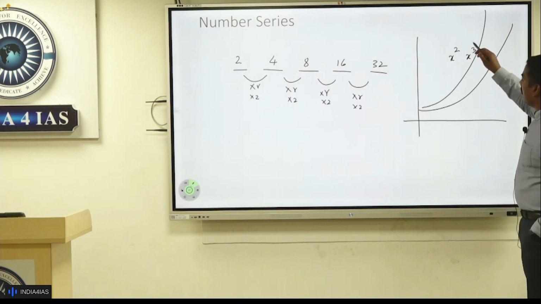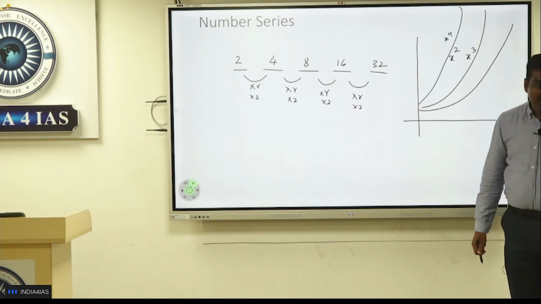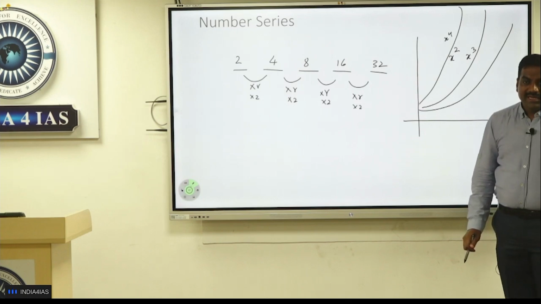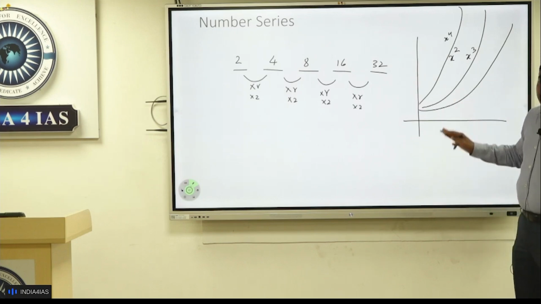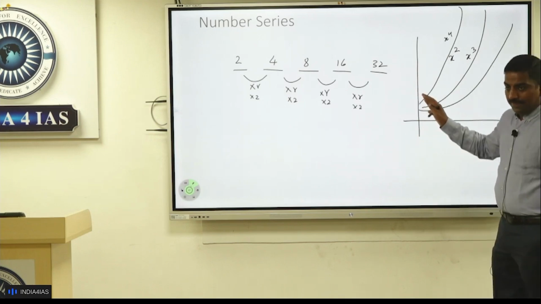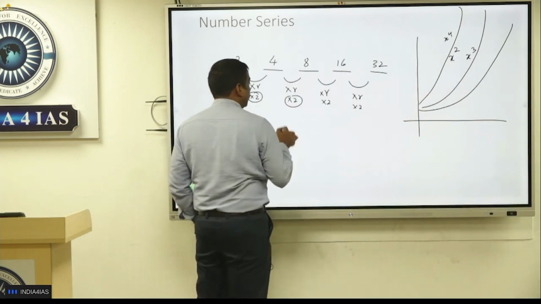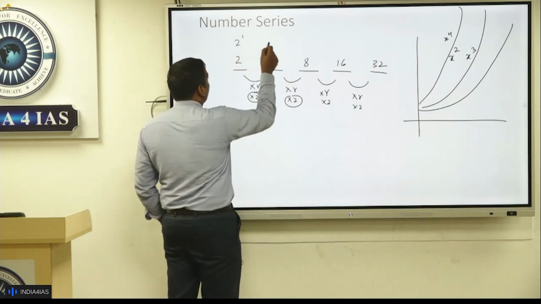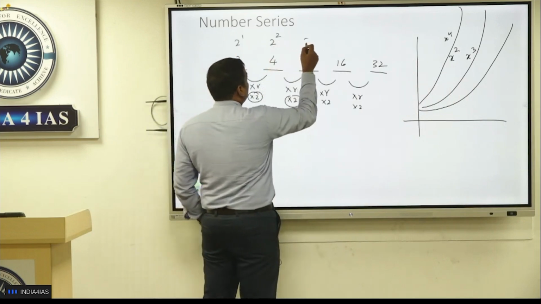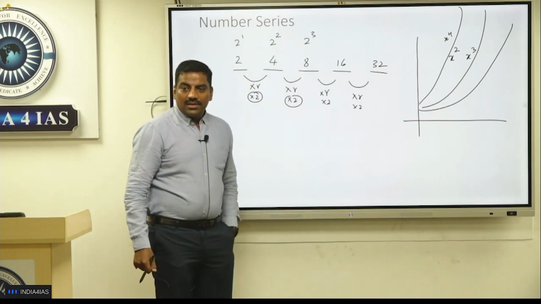X to the power of 4 will rise even more exponentially. Getting my point? So these are all geometric progressions. In this particular geometric progression, we are just multiplying by 2. Indirectly these are 2 to the power of 1, 2 to the power of 2, 2 to the power of 3, like this. Is that okay?